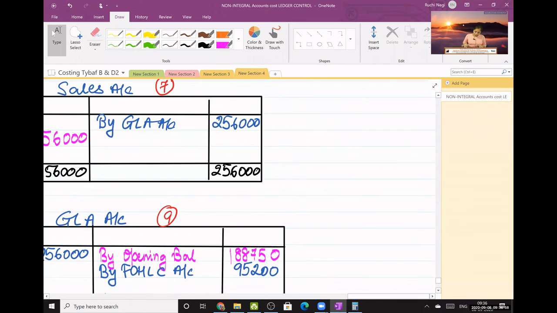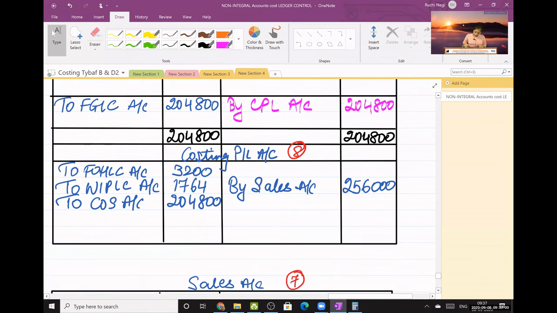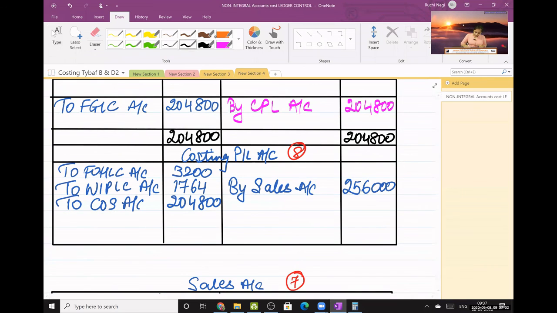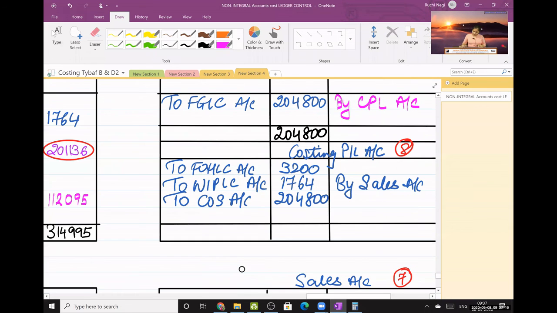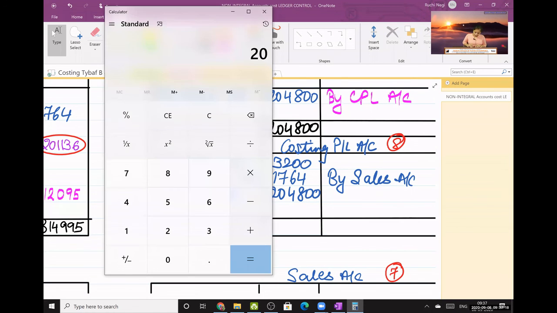Now close CPL. See which side is more. Yeah. 2,04,800 plus 764 plus 1,200. Obviously, this side is more.